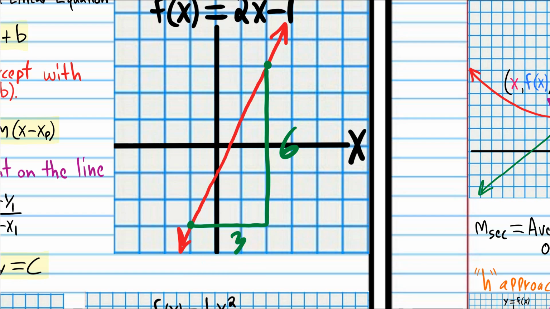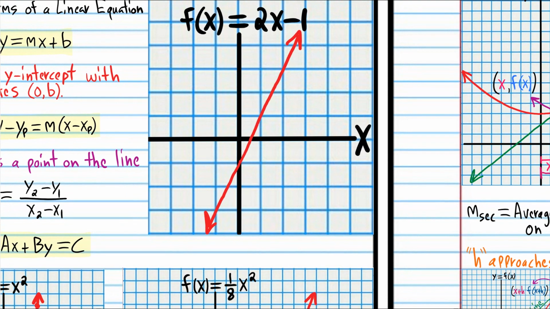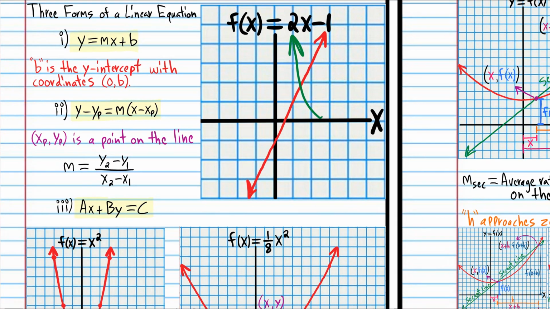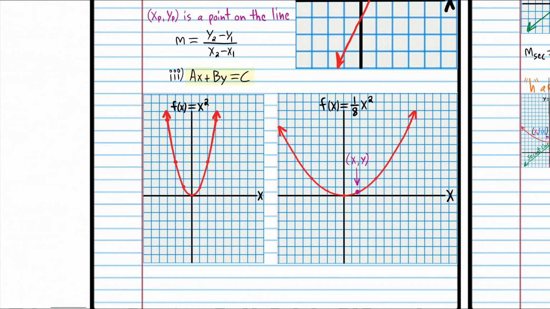So 6 divided by 3 is still 2. So again, anywhere on the line you have the same rate of change. And so we say that the rate of change of this function is constant. It's always 2.